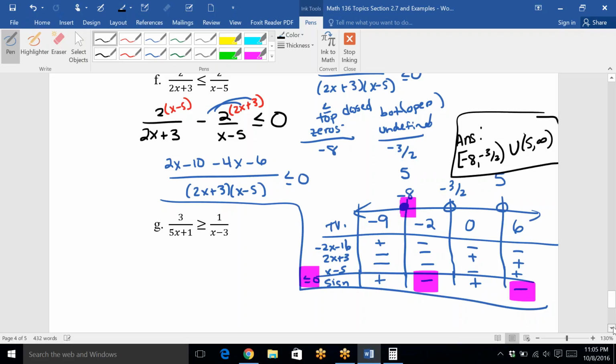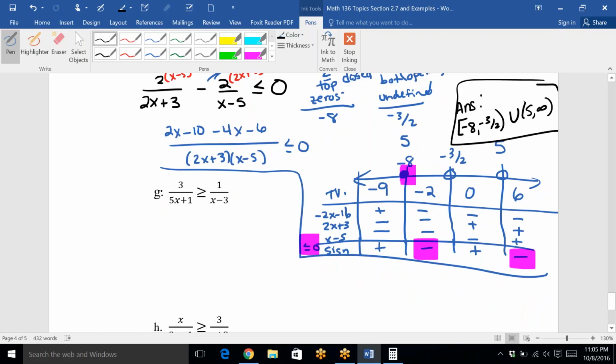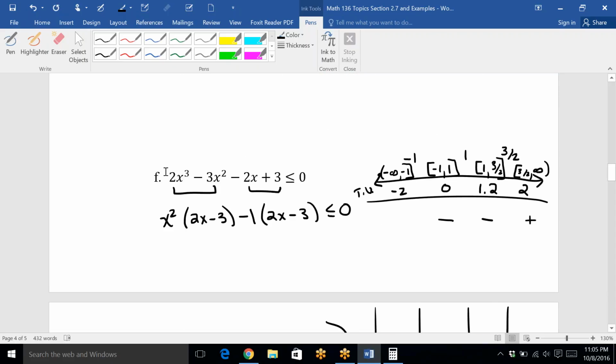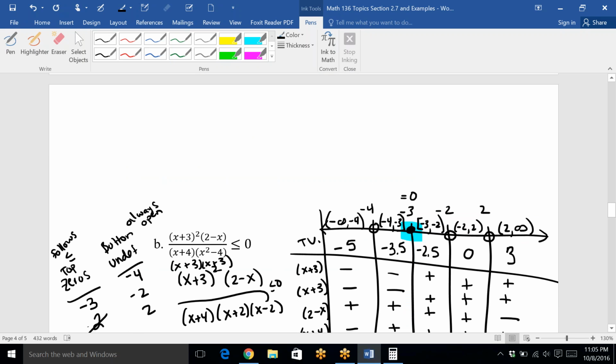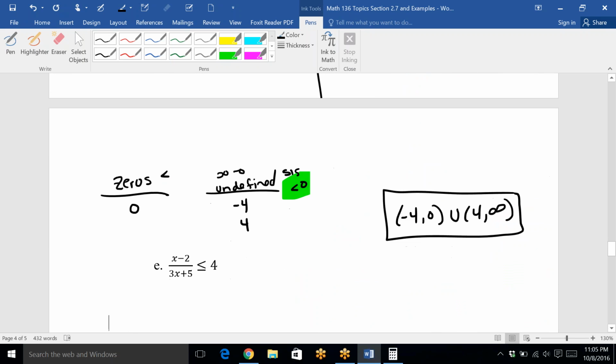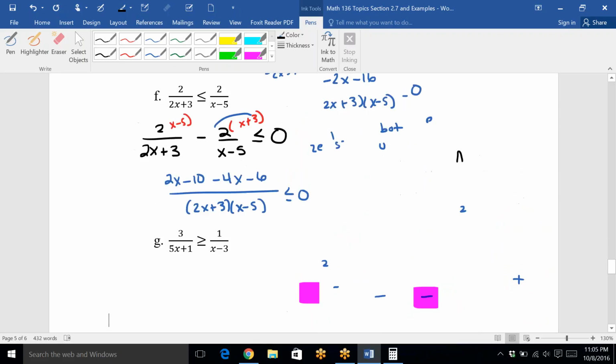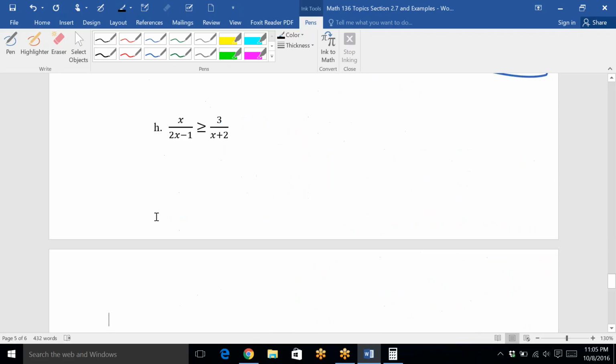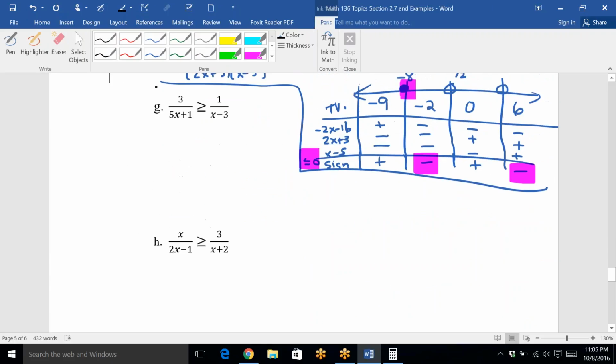Okay. And then my last one, I need to make sure I've got this one down farther. Oops. Let's make it so we can see this one a little bit better. There's where I want to be at.